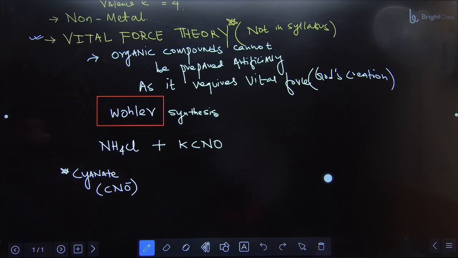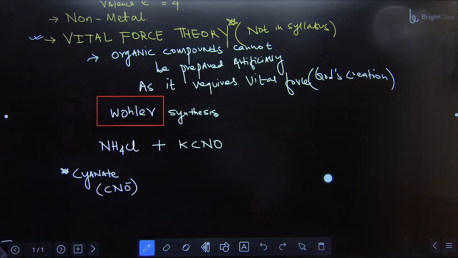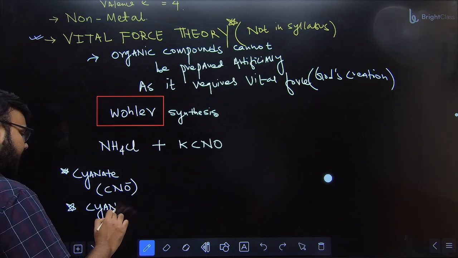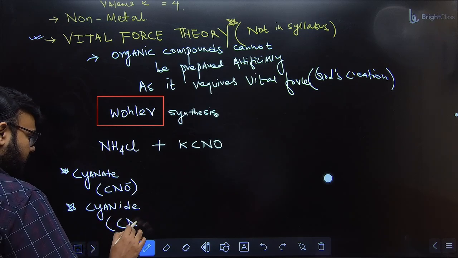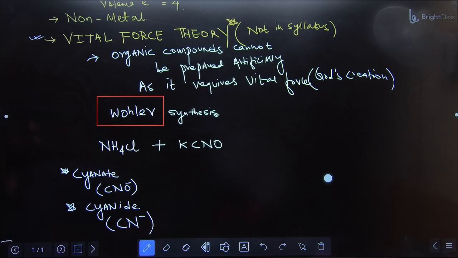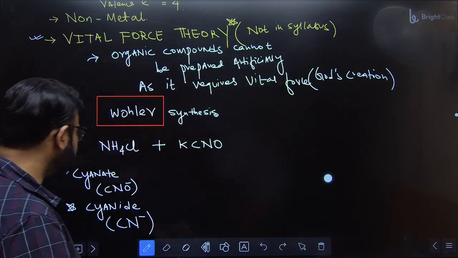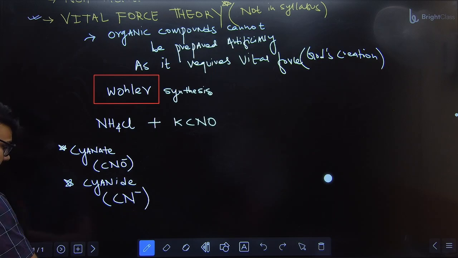Just like so many ions, take down cyanate. You know what cyanide is? What is cyanide, Saket? CN minus, right? Cyanide is CN minus. Cyanate is CNO minus. Got it? Both have -1 valency.